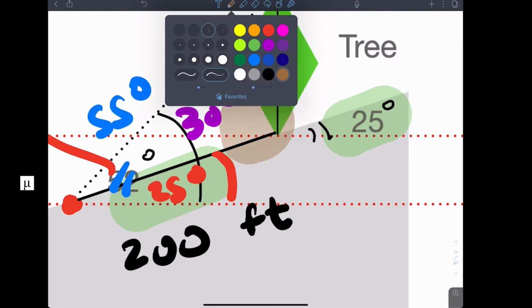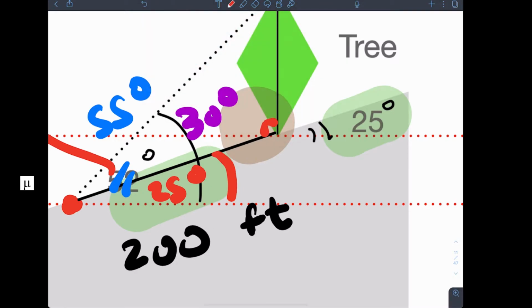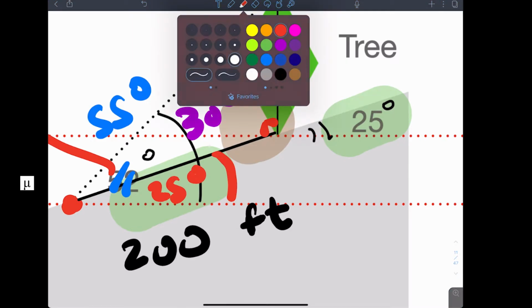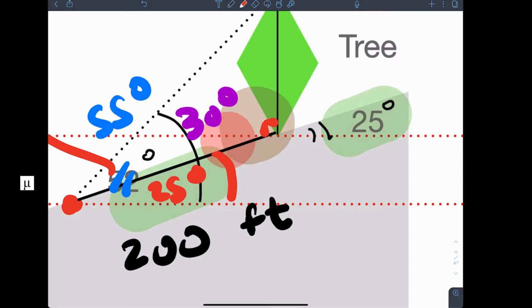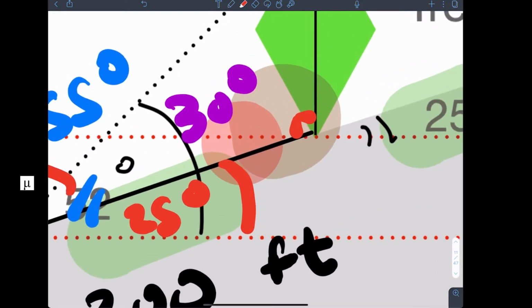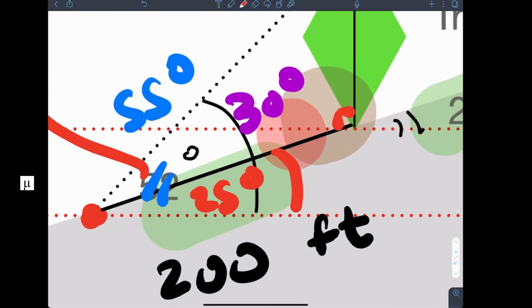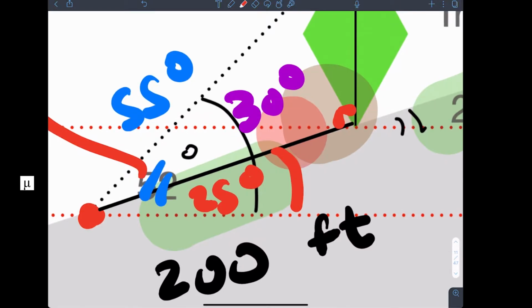I got news for you. This measures what? 90. So it's going to be 90 plus an angle here. What is that little angle? If you guys see it there, do you guys know what that would be? What angle is this?